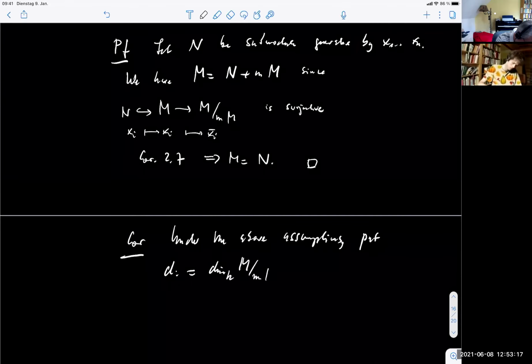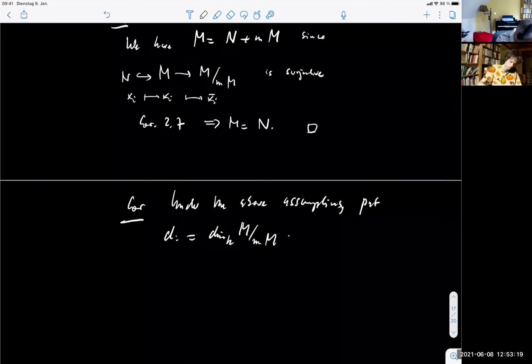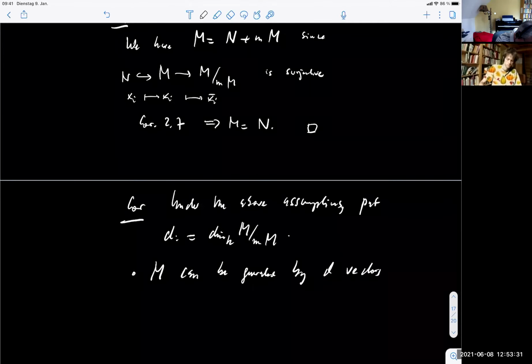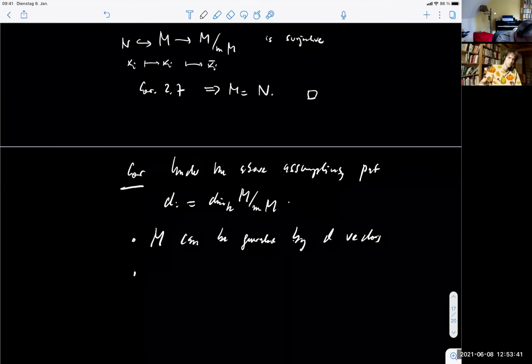Then M can be generated by D vectors, but not by fewer.